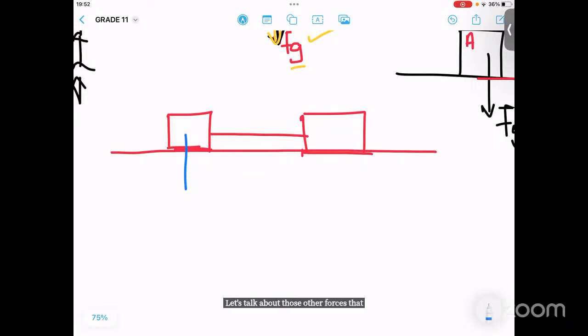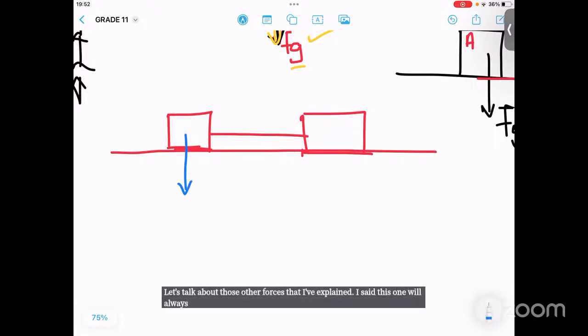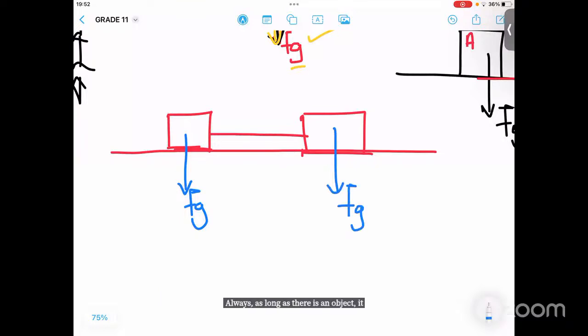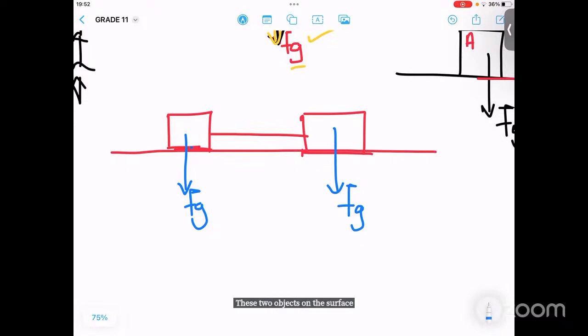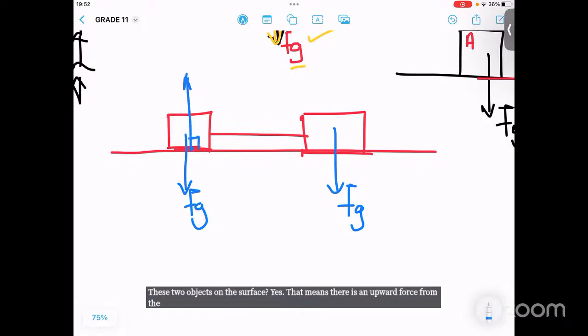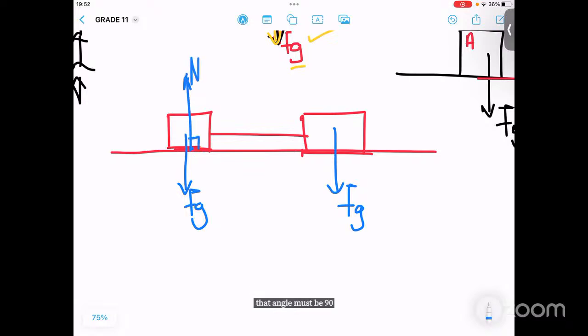I said this one will always exist, as long as there is an object. What about the second one, the normal force? It depends if the object is on the surface. Are these two objects on the surface? Yes. That means there is an upward force from the surface going up. That angle must be 90 degrees, being the normal force. And this one also, in the upwards direction, has a normal force.